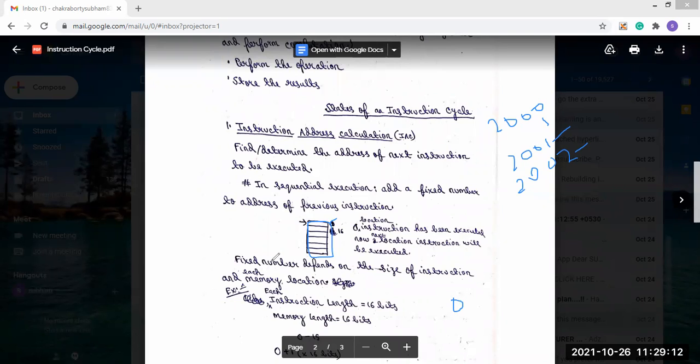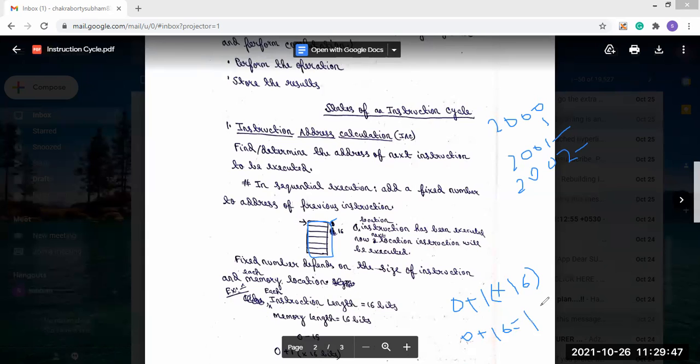What will be the next instruction address? The fixed number depends on the size of the instruction, which we have taken as 16. So the next location address will be 0 plus 1 into 16, that is 0 plus 16, so the value will be 16.